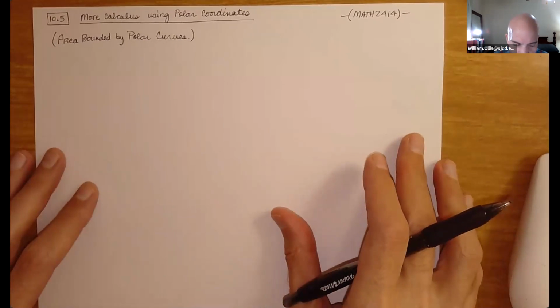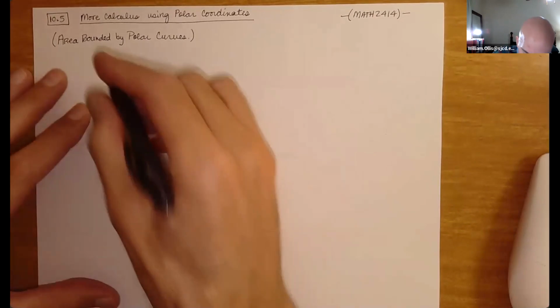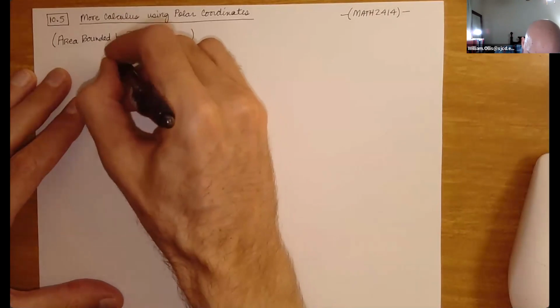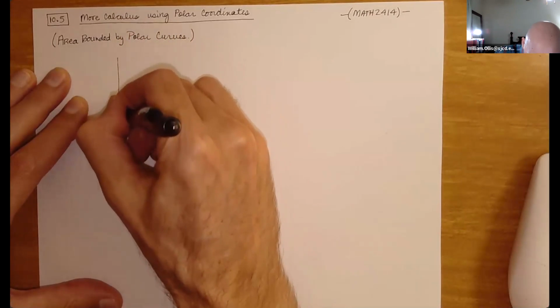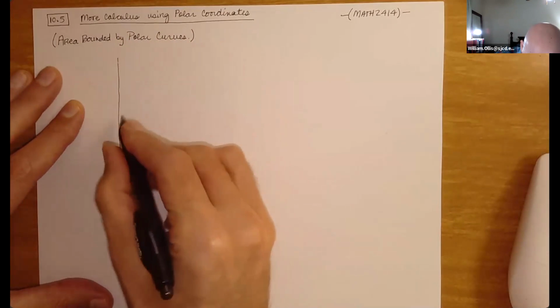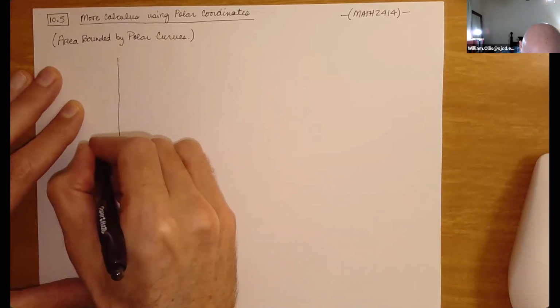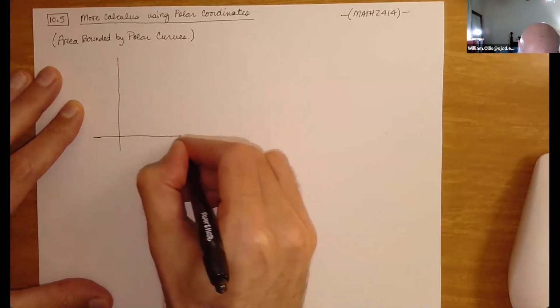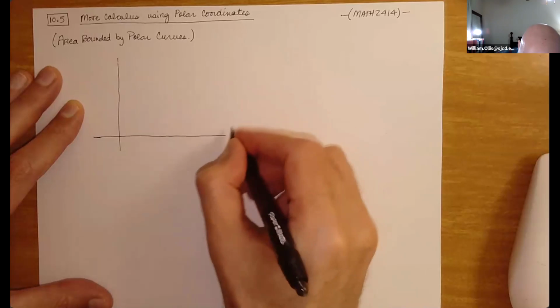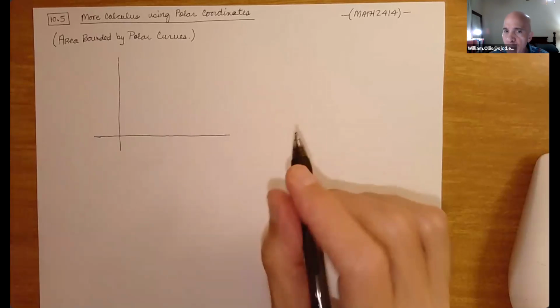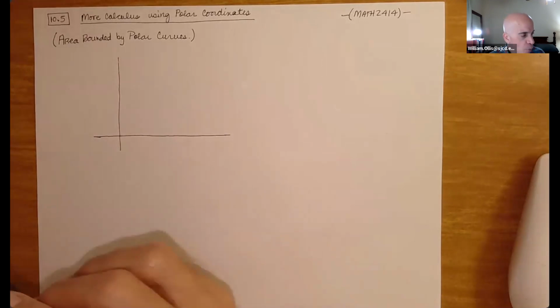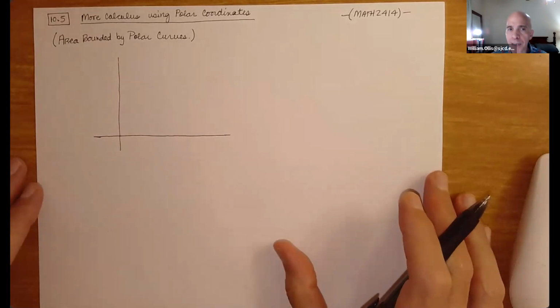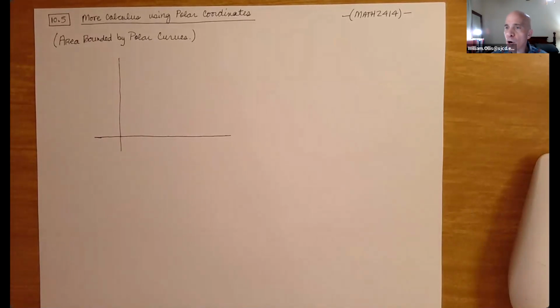Now, when it comes to areas of polar curves, I want to do this intuitively, because it's sometimes nice to just see a picture. The only problem with polar curves, ladies and gentlemen, is that they're not Cartesian.